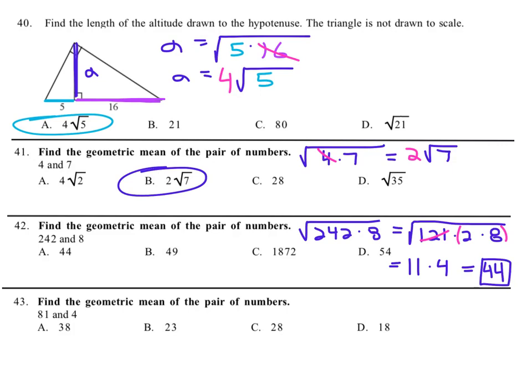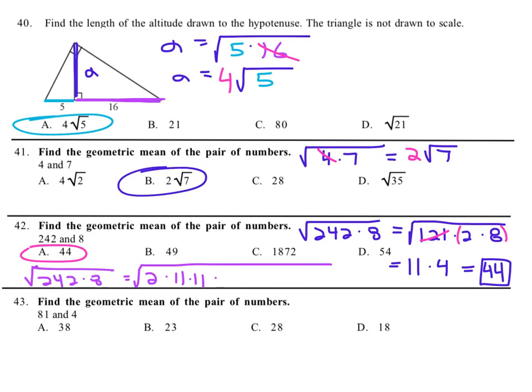Okay, 44, A. Now, if you did this the long way, and you just said what we're trying to do is find the square root of 242 times 8, and you did a factor tree for all of them, you'd find that 242 is 2 times 11 times 11. 11 times 11 is 121, and 121 times 2 is 242.